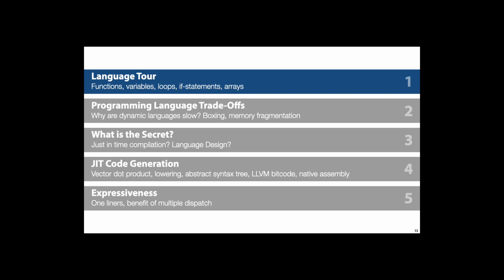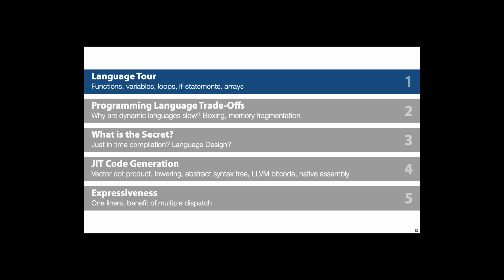Okay, so let's have a little tour of the language. So these are the topics I'm going to cover. In the tour, we're going to look at sort of the basic things like functions, variables, loops, if statements, and arrays. What do they look like in Julia? Then I'm going to talk a bit about programming language trade-offs, such as why are dynamic languages slow?